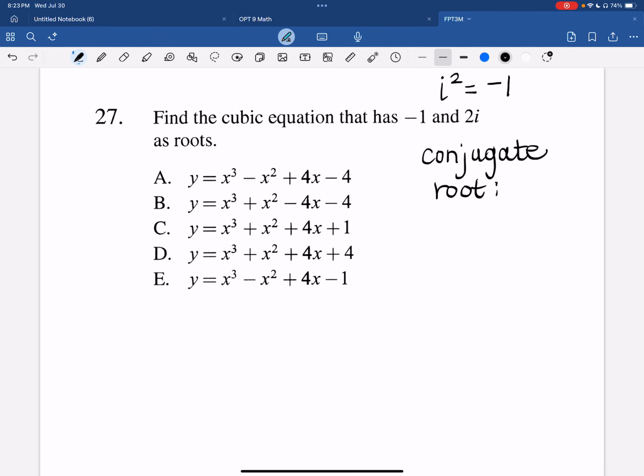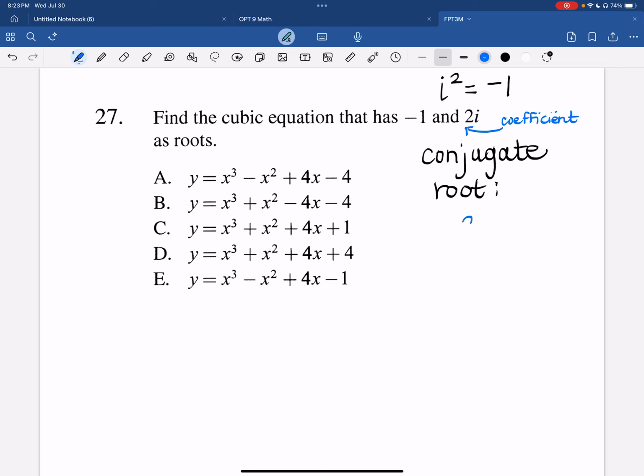Find the cubic equation that has -1 and 2i, that's an imaginary number, as roots. So the concept of a conjugate root relates to this number with a coefficient. You have the 2 there, that is a coefficient of the i. So it has a conjugate root.